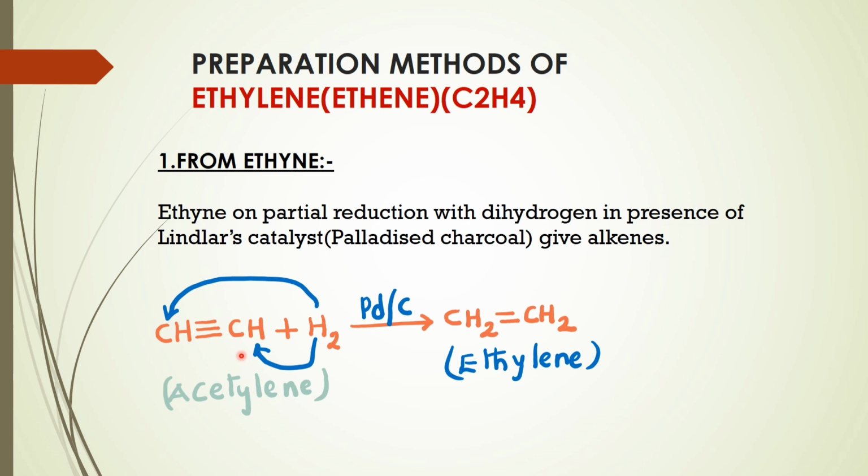Then the triple bond becomes a double bond. CH2 double bond CH2 is formed. So here we prepared ethylene or ethene. Ethene is the IUPAC name. Ethylene is the general name.